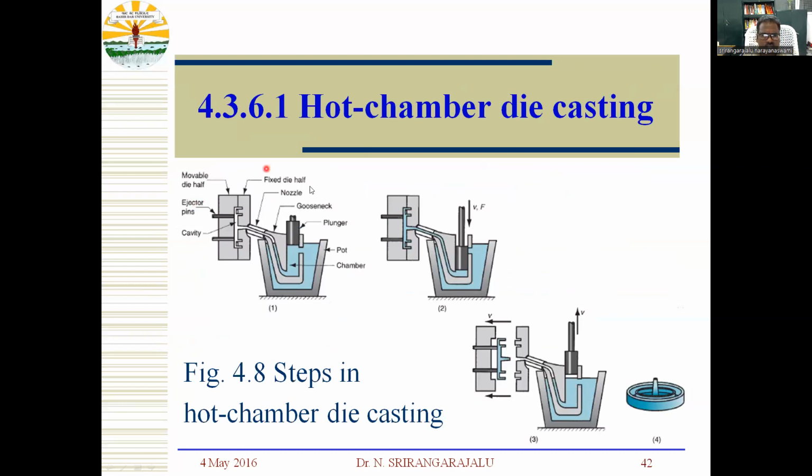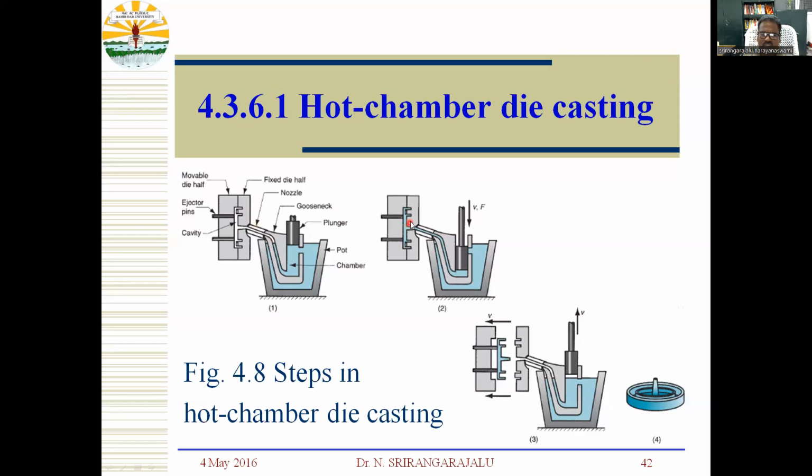So this one is hot chamber die casting. The hot chamber is inside, and the plunger is there. Here they apply pressure to the molten metal with the plunger. With the help of the plunger, the metal is forced through the channel and reaches the die, and it solidifies for some time. Water jackets are also provided.